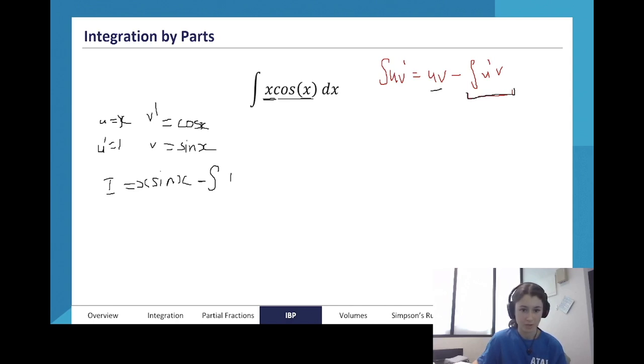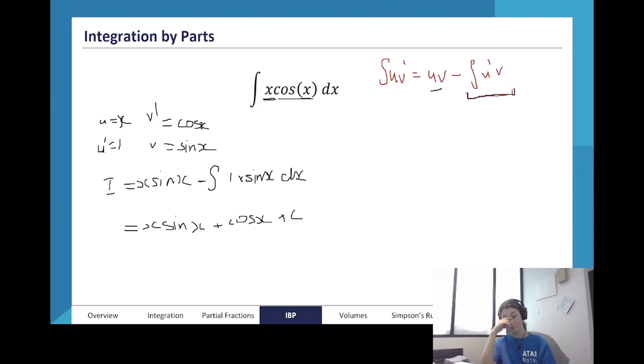So u dash is 1 and v is sine x. So this leaves us with x sine x, take away the integral of sine x, which is negative cos x. So this is going to be our integral here.